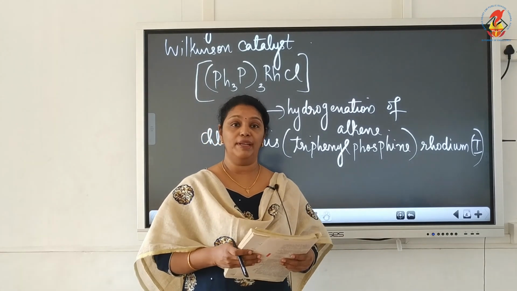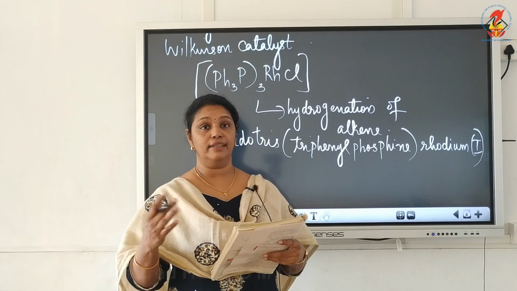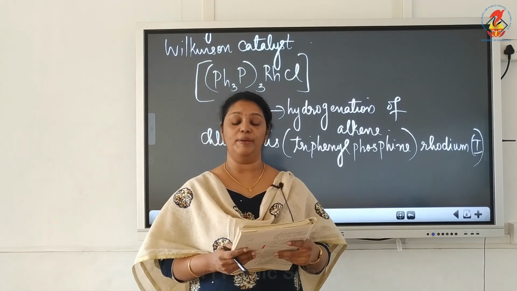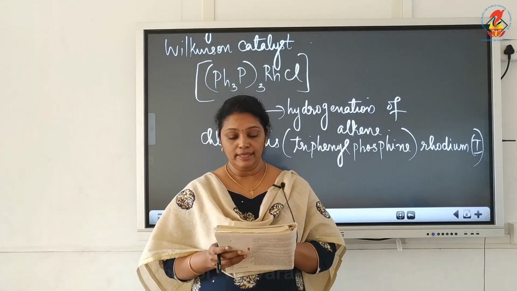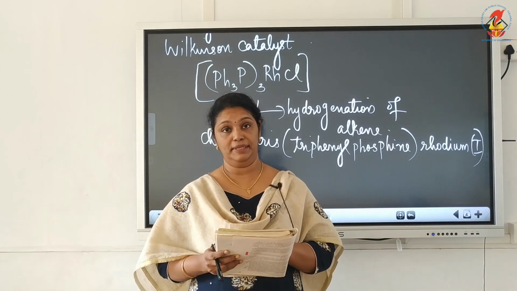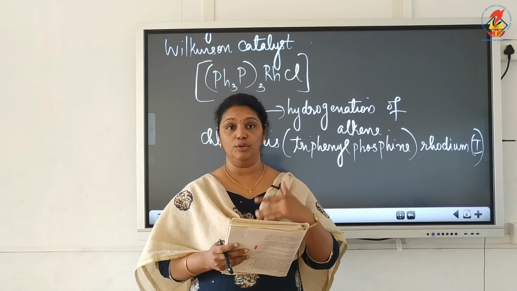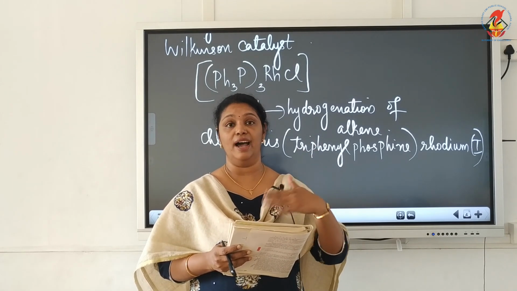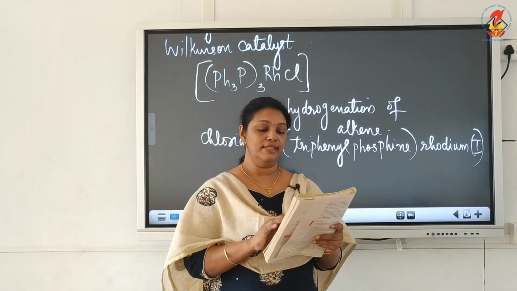Now, the second application is, we know that articles can be electroplated with silver and gold much more smoothly from solutions of the complexes of silver and gold. So, if we use the complexes of silver and gold for electroplating, it can be done more smoothly. So, that is the second application.